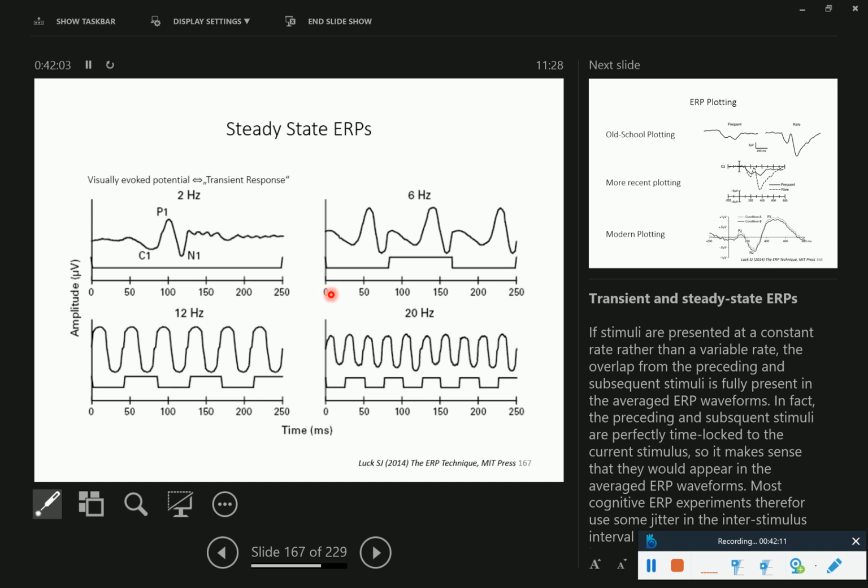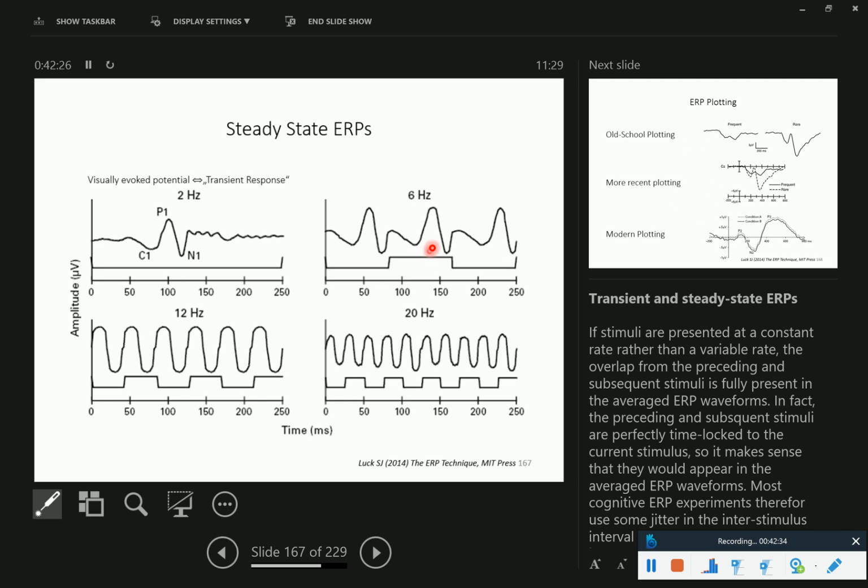Yeah? But of course, you can present flickering stimuli that give a new drive to the system already when the response of the visual cortex is not done. And when you then average the responses, this is what is then called steady state ERP.